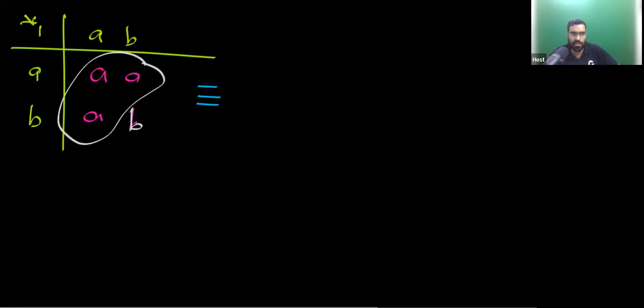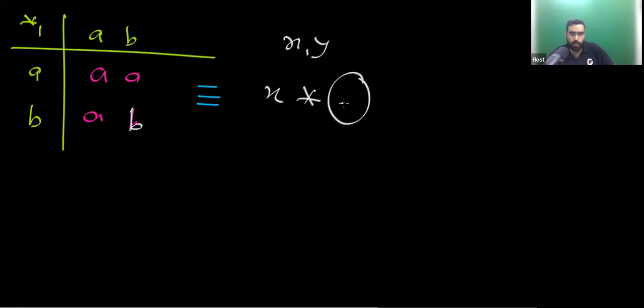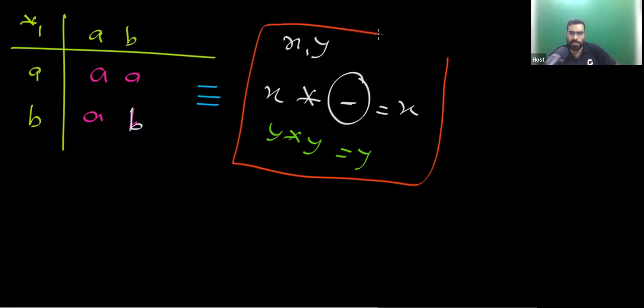If you do an operation with A, you will always get A. It's something like this: you have two elements X comma Y. Operation with X, whatever you put here, will be X, and Y with Y will be Y. Agree with me that this is the template?